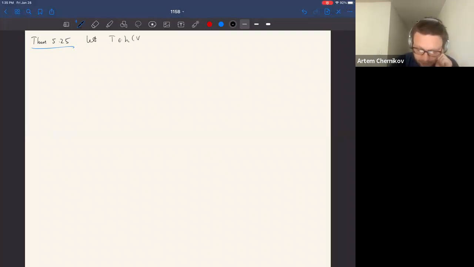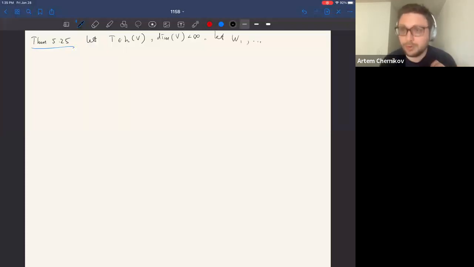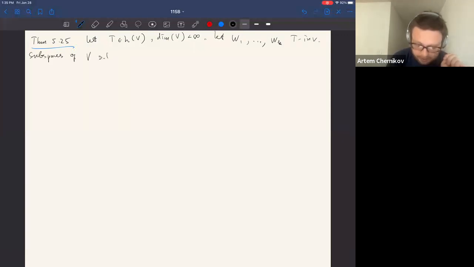Let T be a linear operator on V. As usual, the dimension of V is finite. Assume we have W1 through Wk, T-invariant subspaces of V, such that the direct sum of W1 through Wk is all of V. So the same setup as we had before.